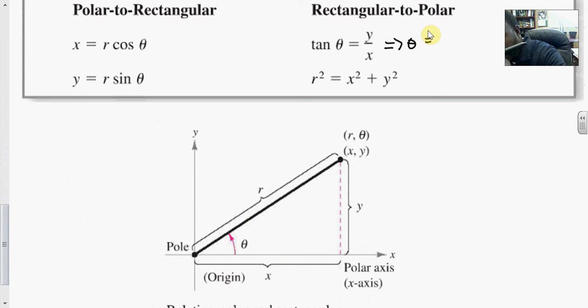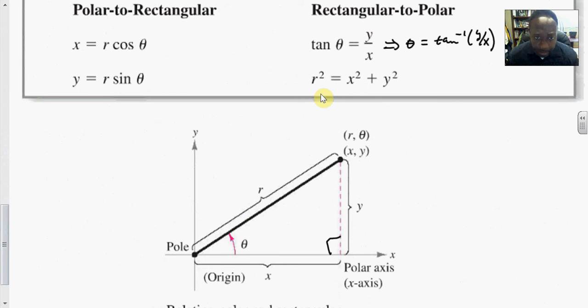And then from tan theta, if we had to solve for the angle, theta is the tan inverse of y over x. And then understanding that this is a right triangle, according to Pythagoras, x squared plus y squared is equal to r squared.